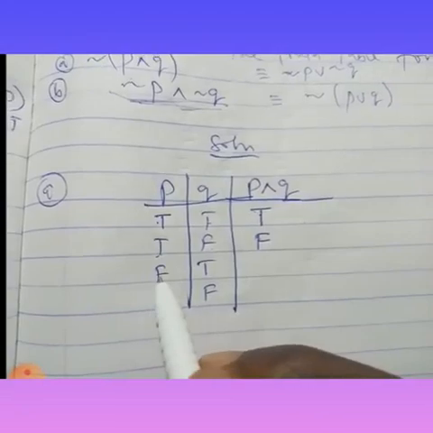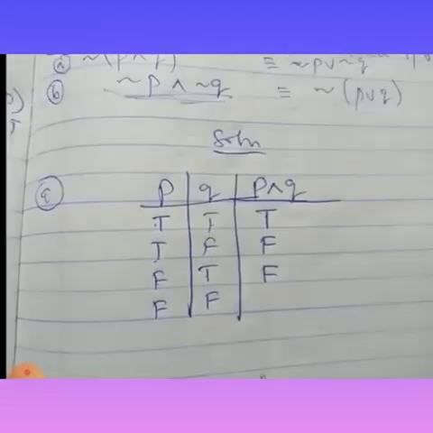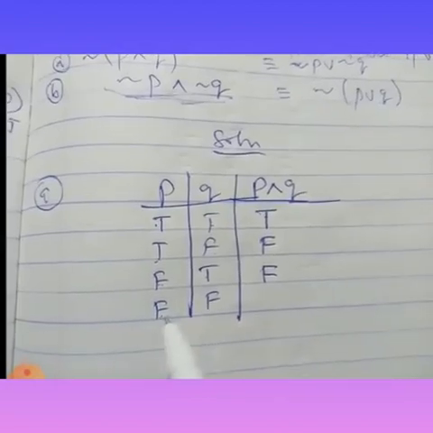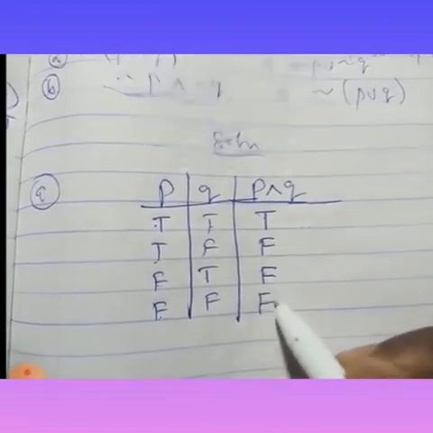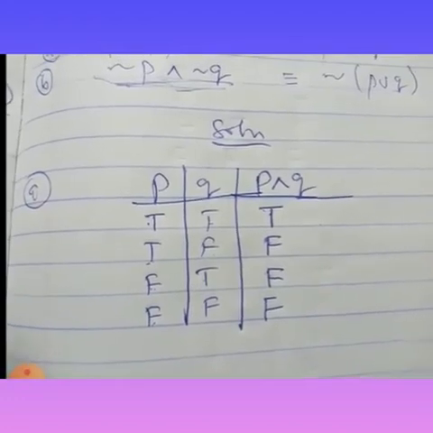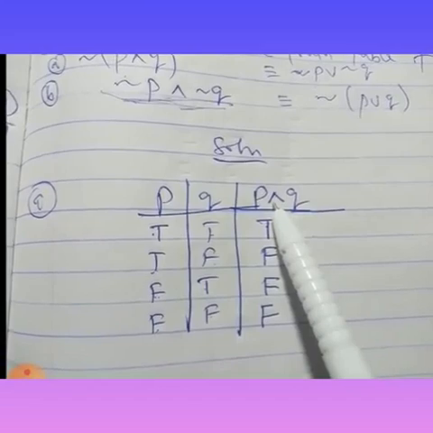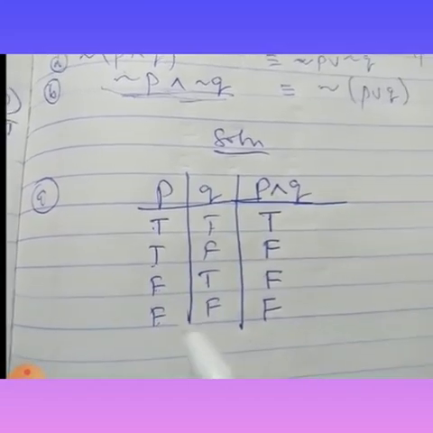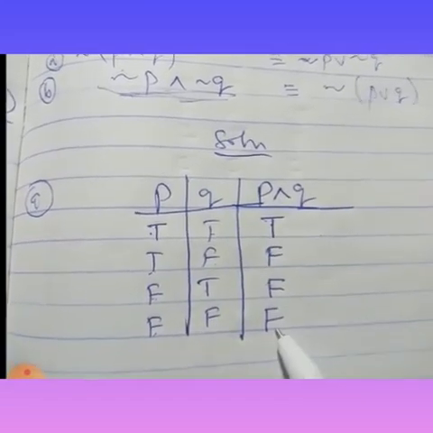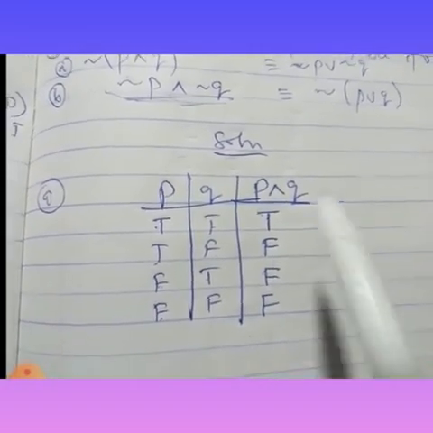Then false and true, 0 times 1, is false. False and false, 0 times 0, is false. Don't confuse yourself and think this is the same thing as implication. If we have false implies false, remember we said it is true. But in this case, it is not the same. So this is for P and Q.